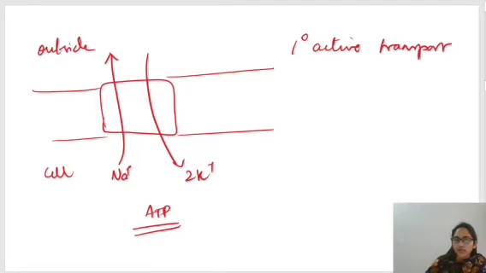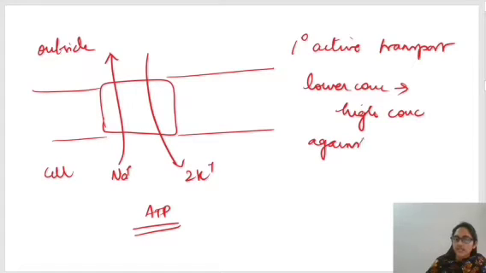Primary active transport is where substances are transported from an area of lower concentration to an area of higher concentration. This is against the electrochemical gradient. You are pumping ions from a lower concentration to an area where the ions are already more abundant, so it needs ATP, it needs energy.